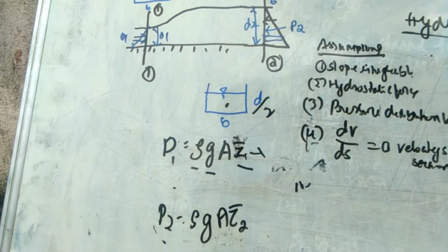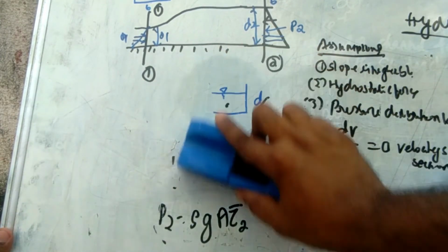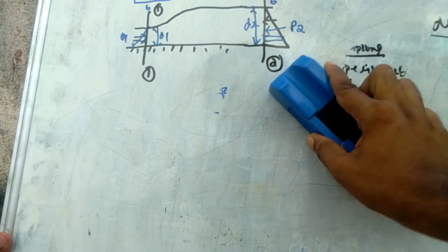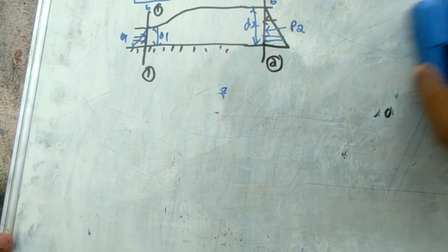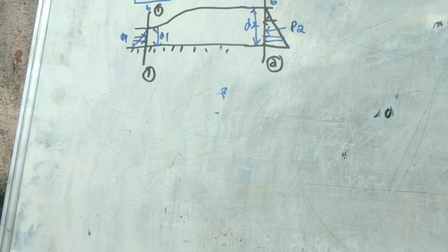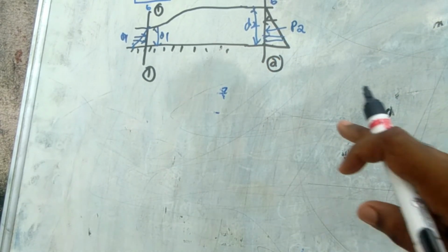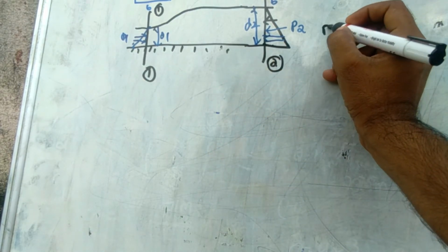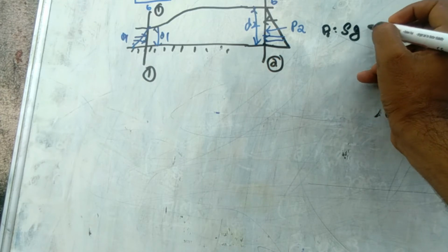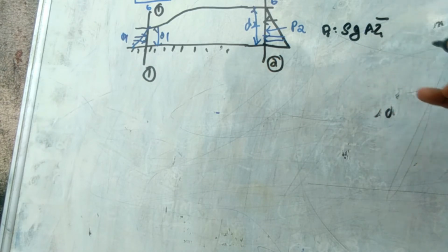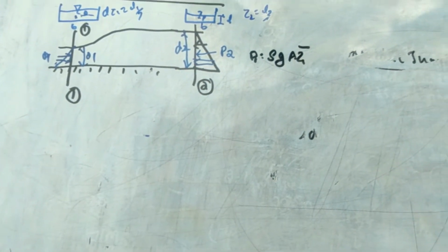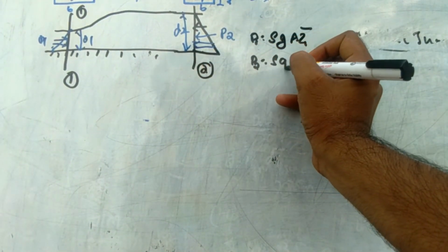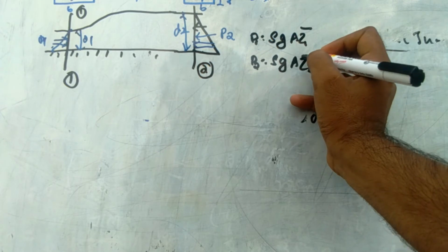I am using very small letters here because there is no space, so I will erase this all. P1 is rho g A z1 bar, and P2 is equal to rho g A z2 bar.